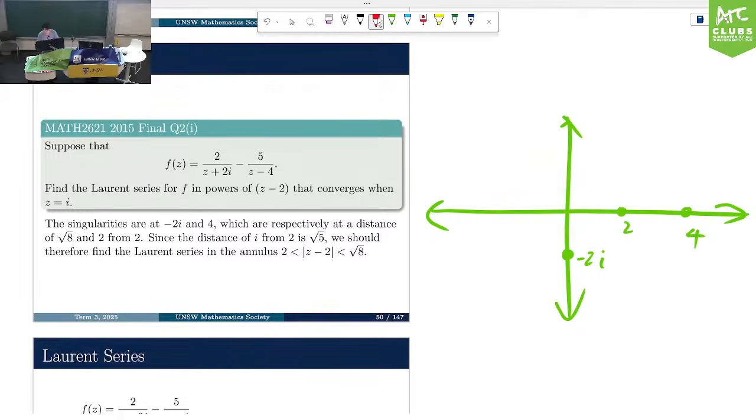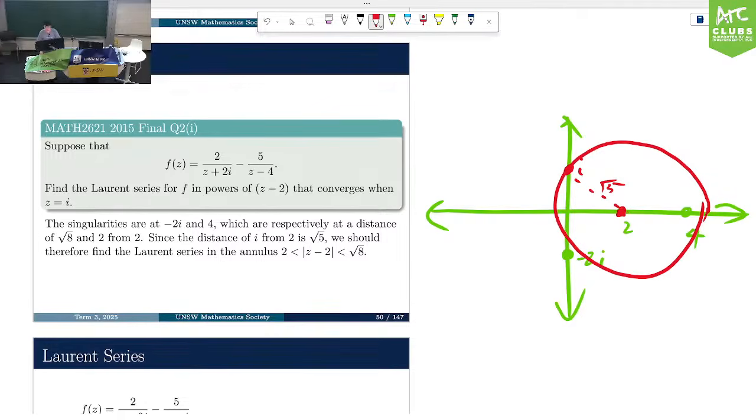Let me draw the center in red to distinguish it. We want to find a power series which converges at z equals i. The radius is root 5, so it's going to be like here. This is the circle in which we want to be convergent.